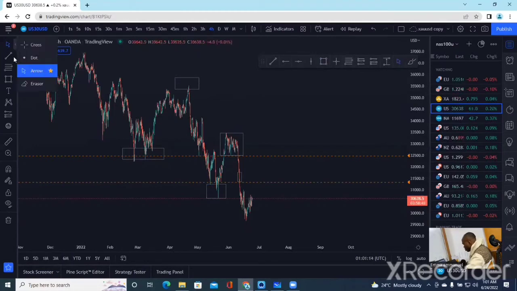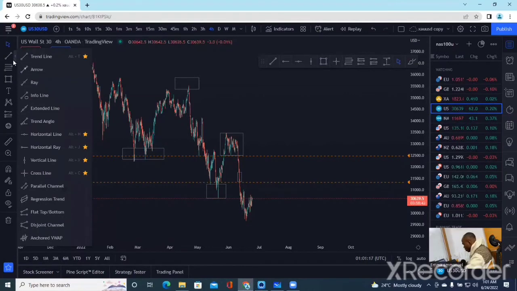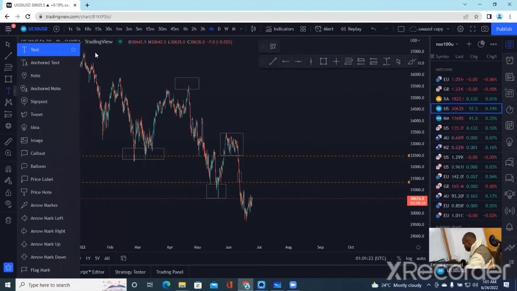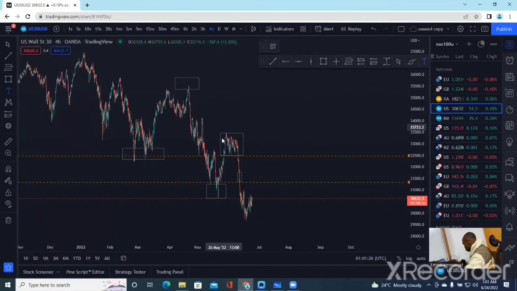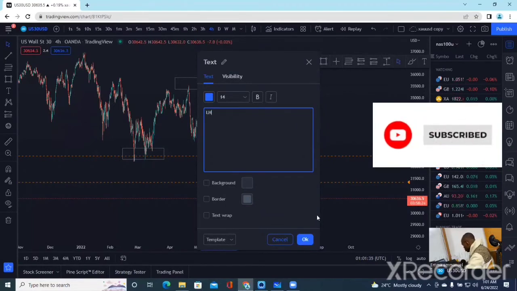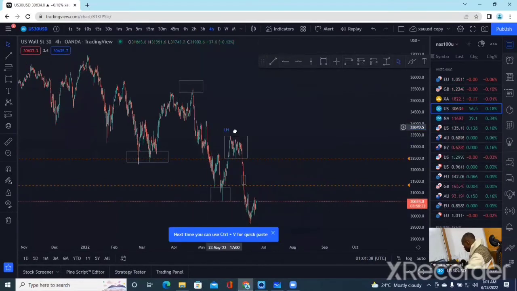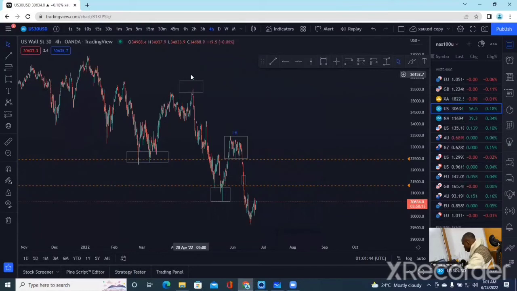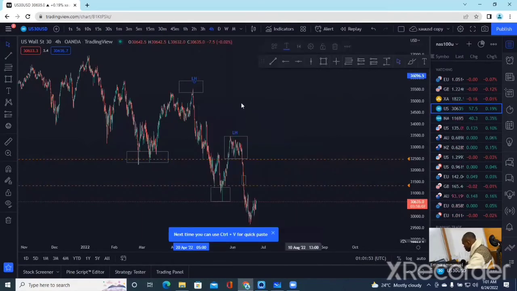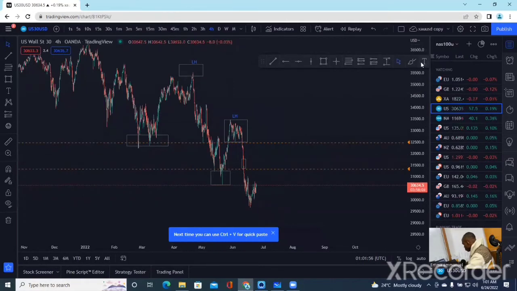So these are our lower highs here. Here is another lower high here, and this is our lows.